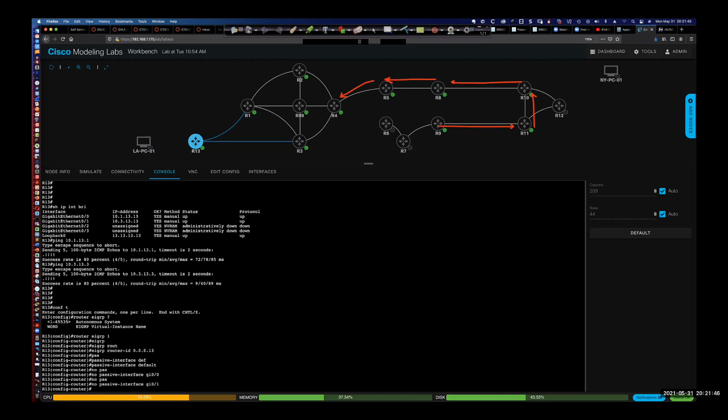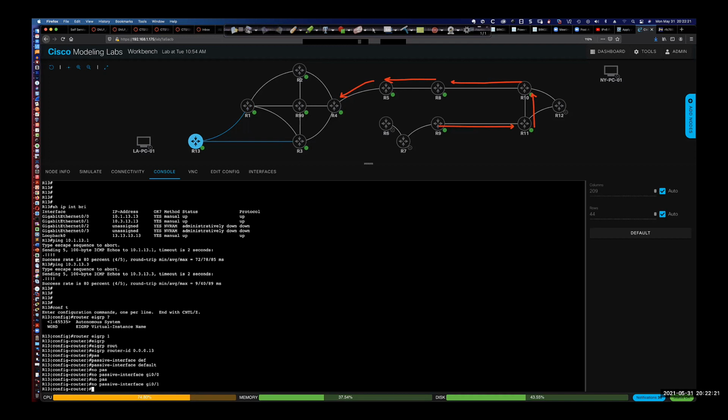And if we wanted to no passive the interface, in other words, it's an interface over which we're going to be establishing an EIGRP adjacency, which in this case, gig 0/0 and 0/1 go to routers 1 and 3 respectively, we would want those to be not passive, because what passive interface does is it suppresses the sending of EIGRP hello packets.